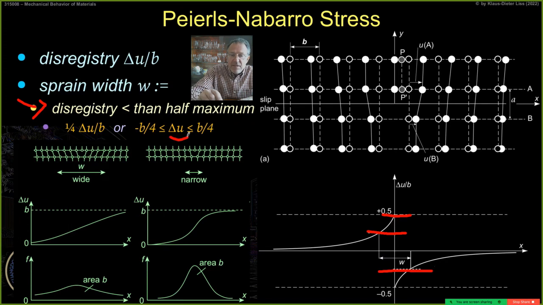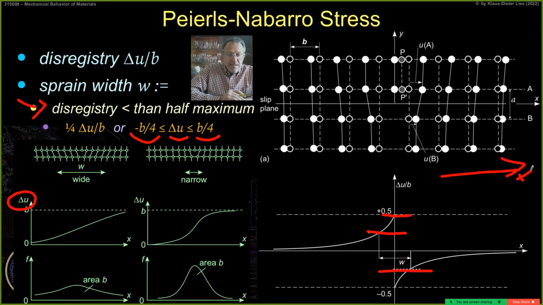So if the delta u is between minus b quarter to plus b quarter, we call this the disregistry delta u. And now the question is, how does the delta u change as a function of x? So this is the function of x.